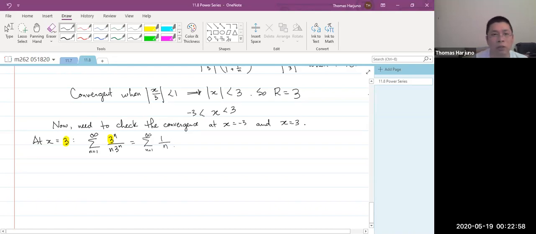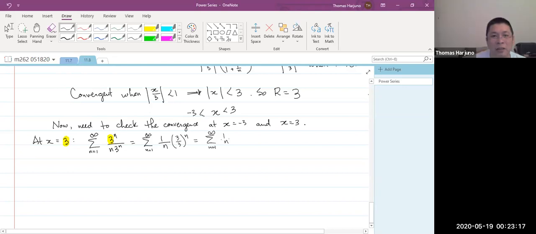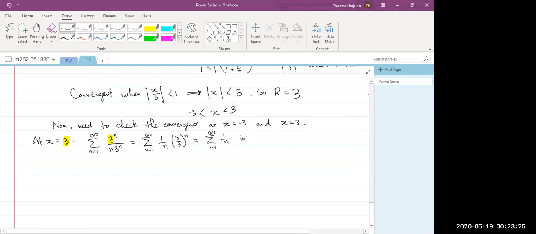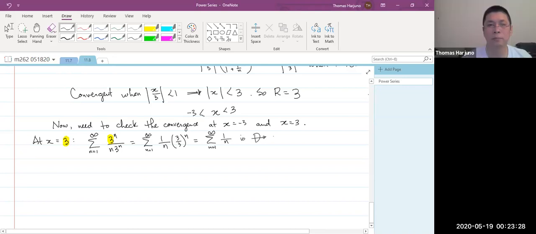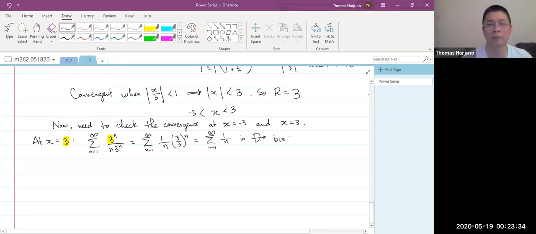Maybe I write it this way just to make you happy: 3^n over 3^n times 1 over n. Is it better? Okay. But what can you say about this series? It's divergent. Why? Because it is the P series with P equal to 1, better known as the harmonic series.